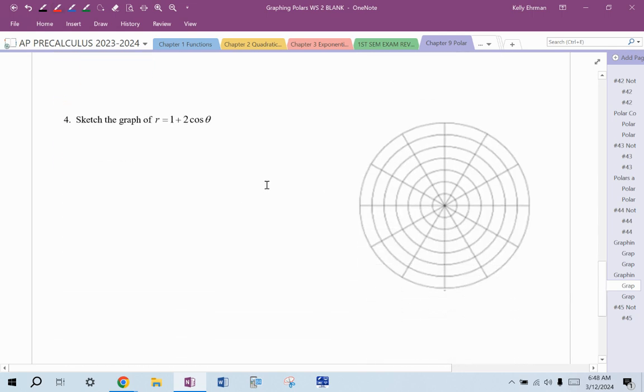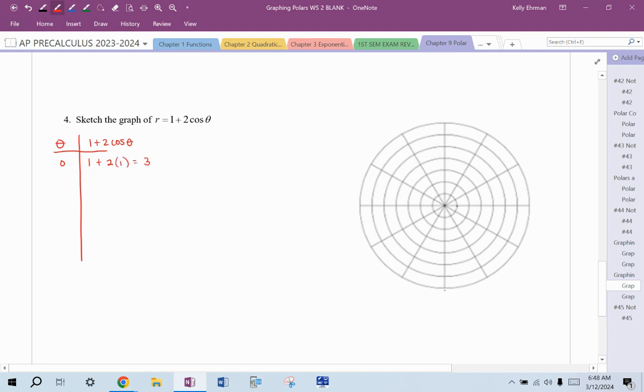All right, number 4 is not a rose curve because it has something being added to it. So we're going to go back to just plugging in some nice numbers here. I don't think I need to write out all the cosine values because it's not cosine of 2 theta or 3 theta. So I'm just going to plug in from memory what the nice angles are for cosine. We always start at 0. We get 1 plus 2 times the cosine of 0, which is 3.